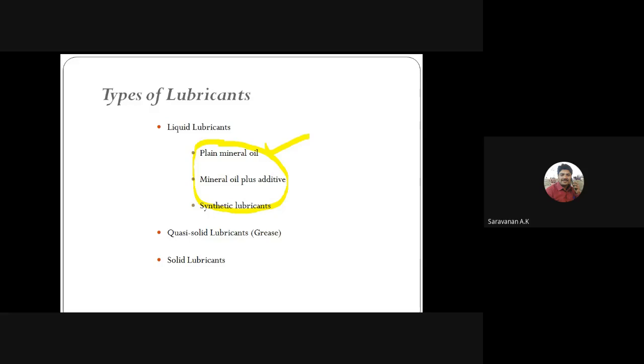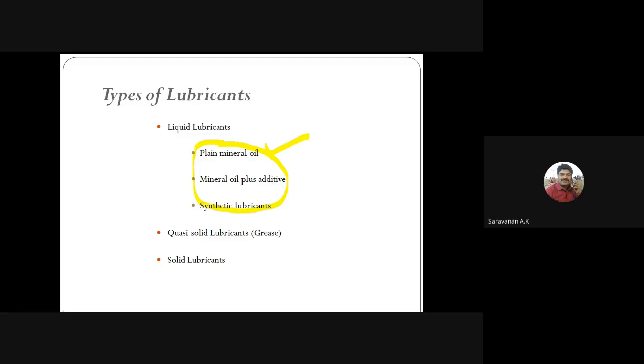This type of liquid lubricant is called the synthetic liquid lubricant. It is not produced from the petroleum product, that is, the crude oil, but it may have the same properties as the lubricant produced from crude oil.